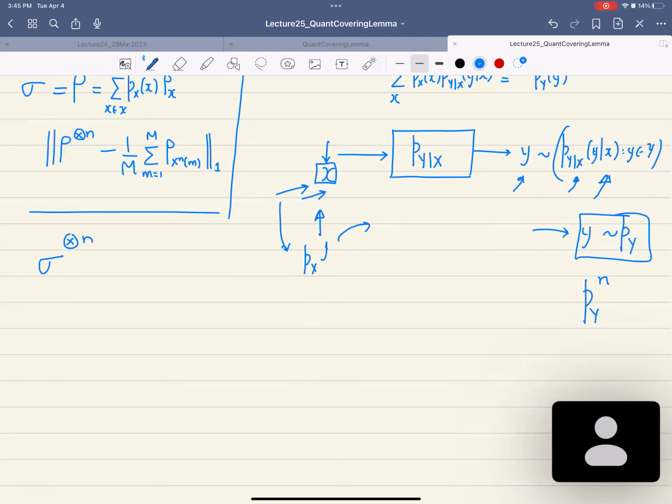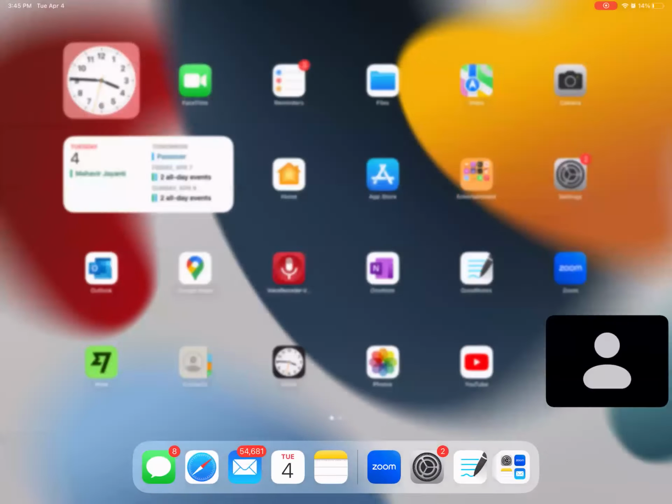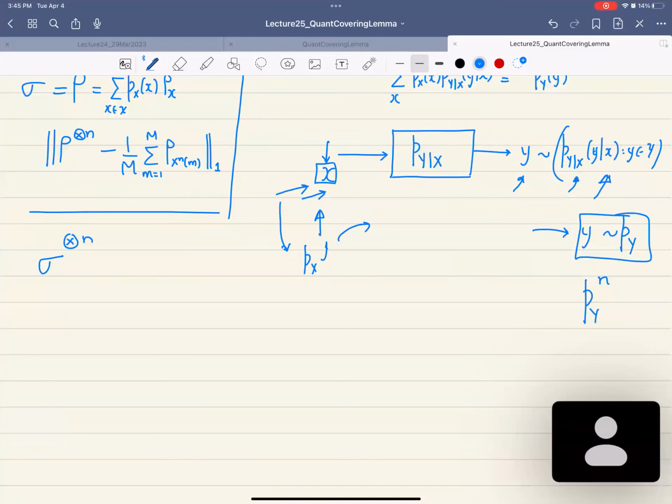Suppose I want my blue box to put out n symbols according to the distribution pY^n, what should I do? I should pick n symbols according to the distribution product pX, put it in this blue box, and whatever it puts out will have the distribution pY^n. Do you agree? If all of you agree, put a thumbs up.